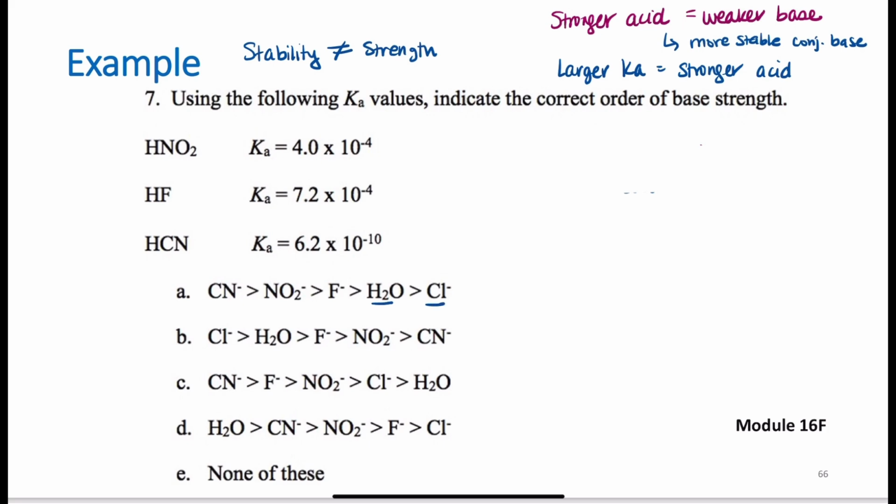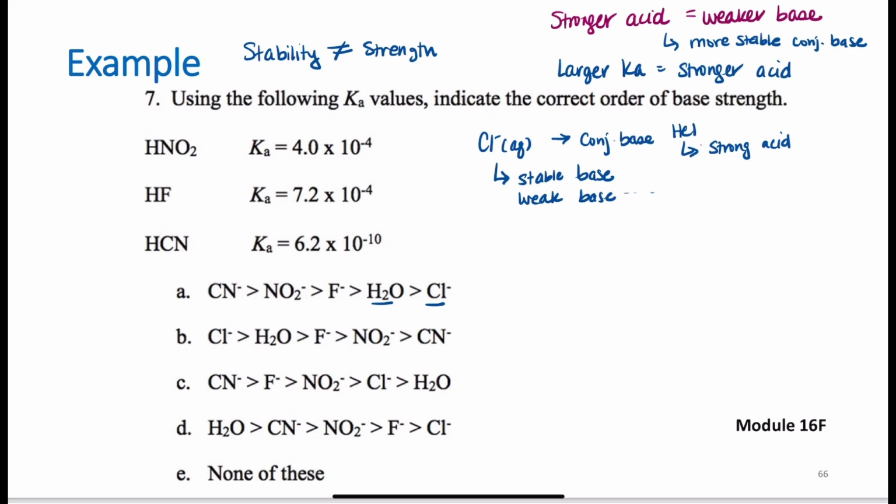So chloride is the conjugate base of HCl. This is a strong acid, which means this is a stable base, which also makes it a weak base.